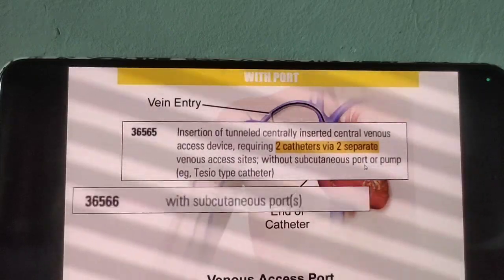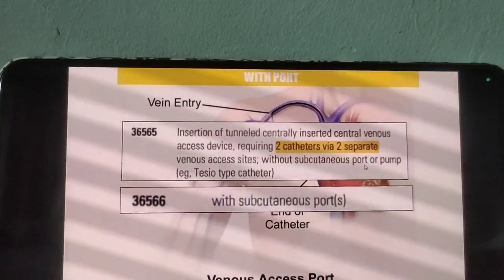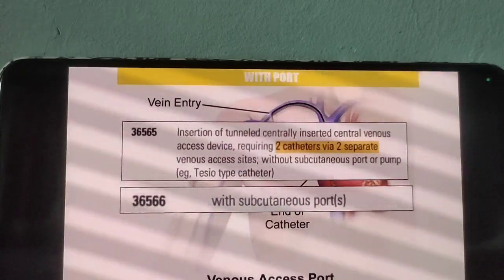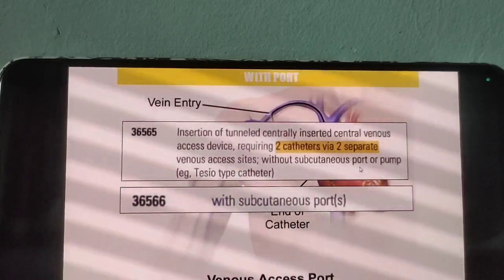Without port or pump, 36565; with the port, 36566.